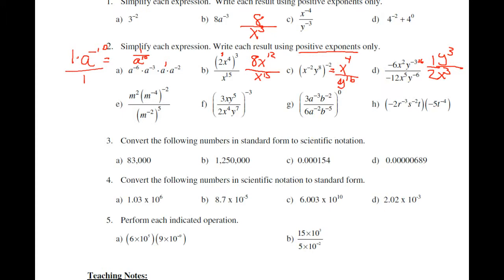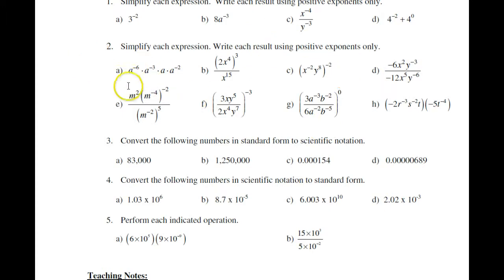All right, let's clear this and go on to our next part here. Again, they're just a little bit tedious at what they're doing. Here we have m to the 2nd. Okay, can't do anything with that right yet. We're going to do this first. This is raising a power to a power. So this is going to become m to the positive 8. There's m to the 2nd.